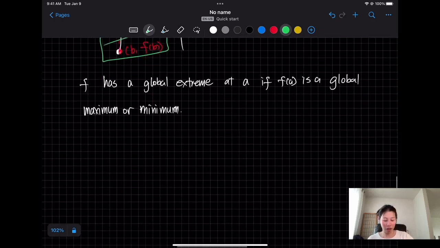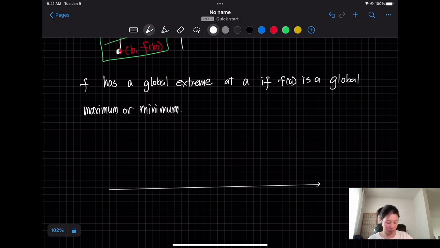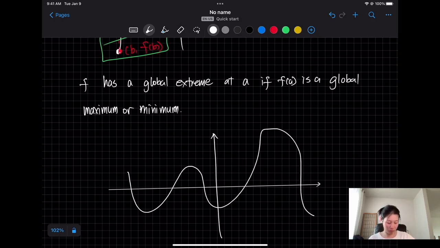Now let's take a look at this graph. Here we have a couple of points. This one is our local minimum, and this is our local maximum.